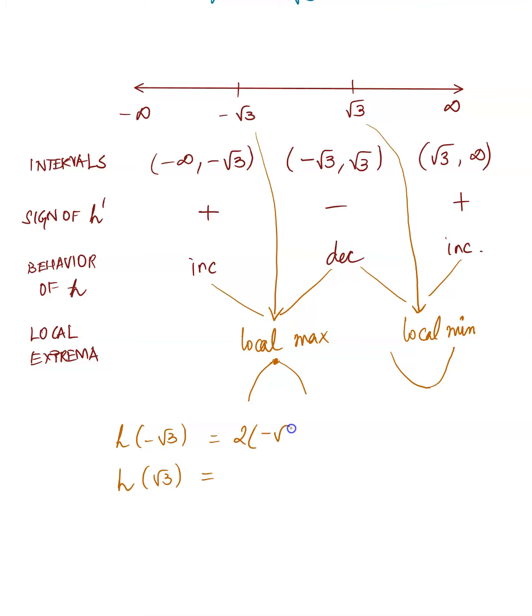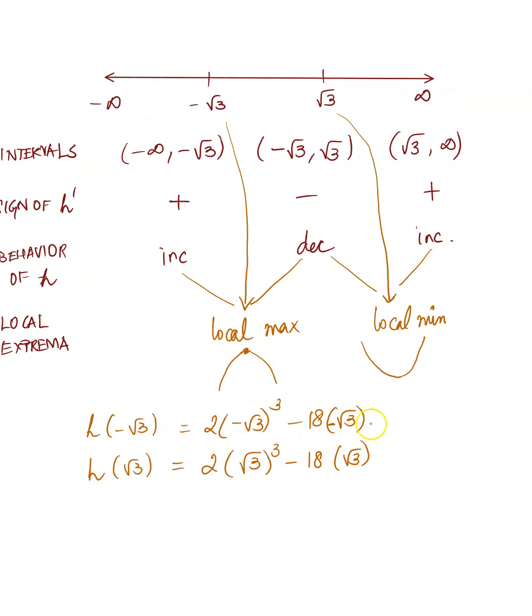Two times negative root 3 whole cubed, and that comes up to be negative 12 root 3. This is 12 root 3.